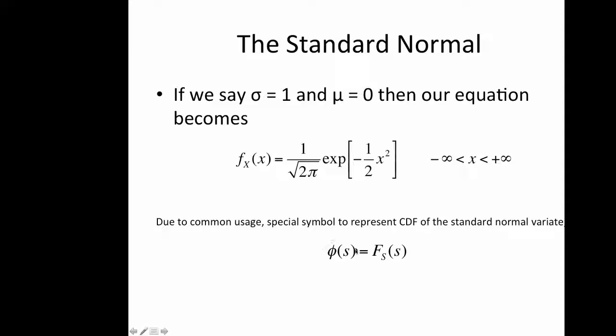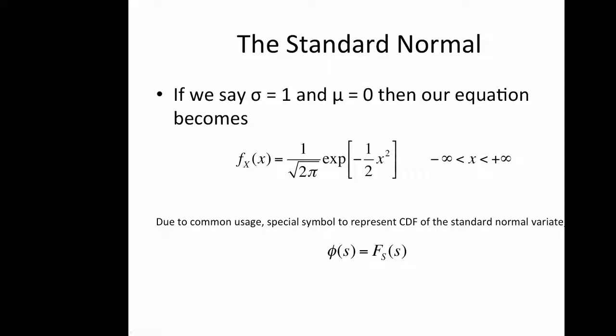We give it a different symbol, and we say that it's phi of s. We use this because it is such a commonly used way to describe random variables that the statistics and probability community have come up with this convention, and your textbook adopts this as well, to describe the standard normal.